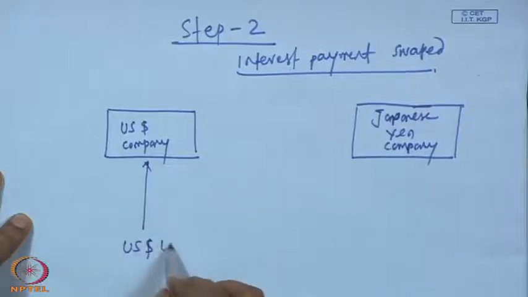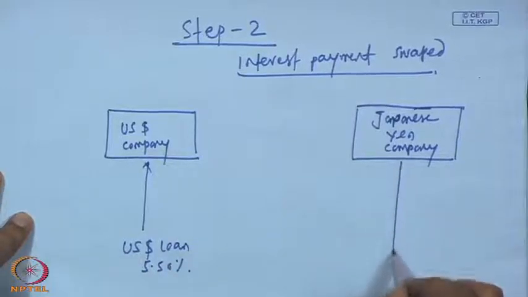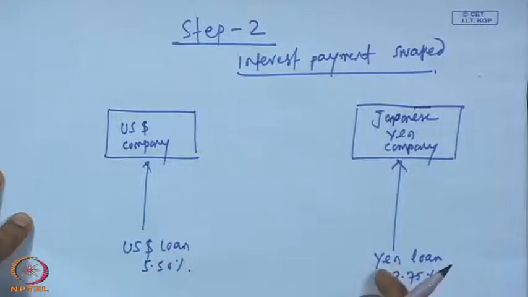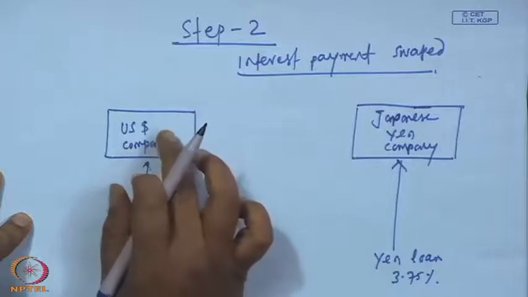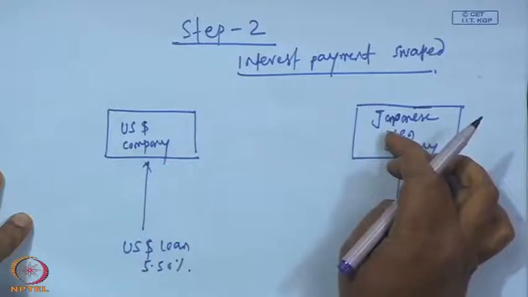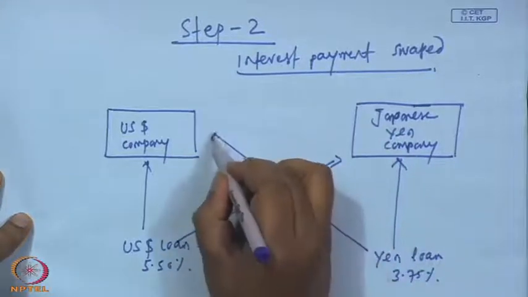The US dollar loan at 5.50 percent, and the Japanese yen was raised by the Japanese company, yen loan at 3.75 percent. But this yen has been transferred to the US company and the dollar has been transferred to the Japanese company. So, the dollar has gone here and the yen has gone here.